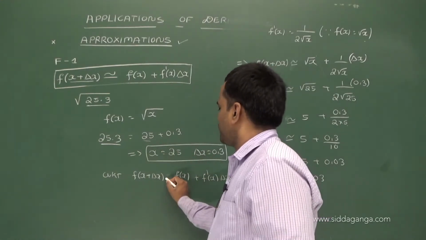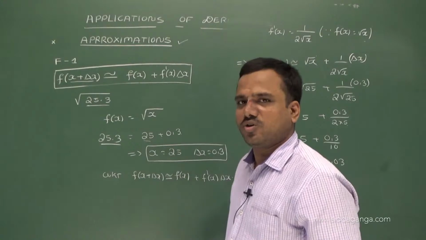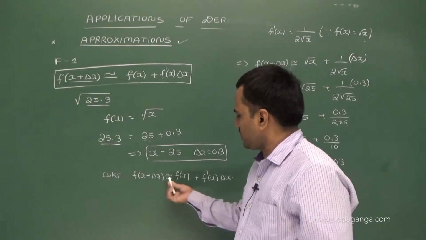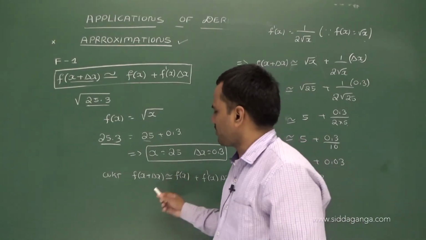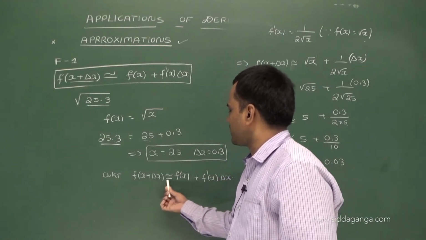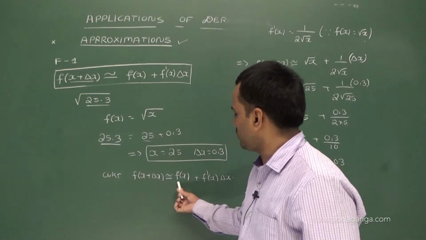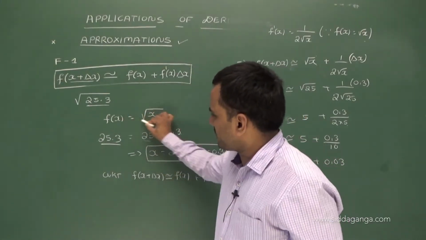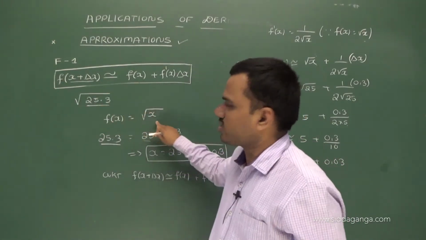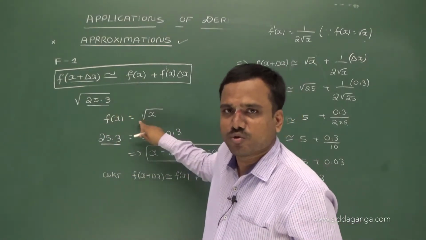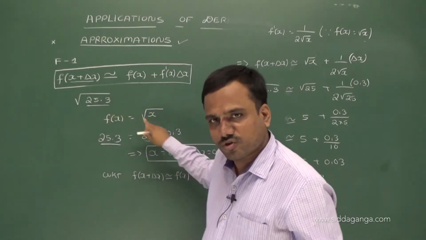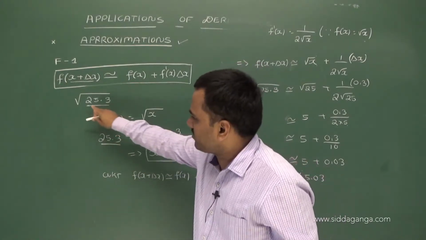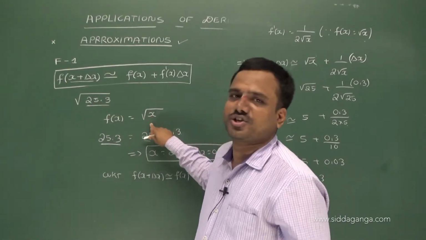We write approximately equal: f of x plus delta x is approximately equal to f of x plus f dash of x into delta x. If it is square root of x, cube root of x, or fourth root of x, whatever the given quantity is, that should be the function.